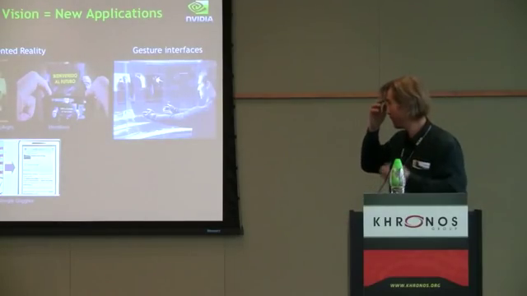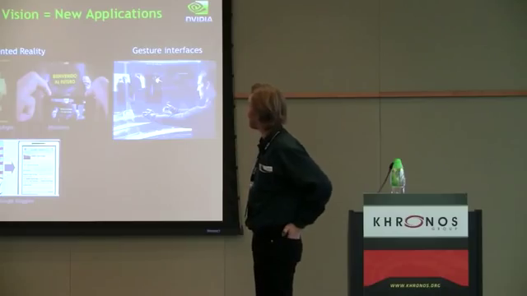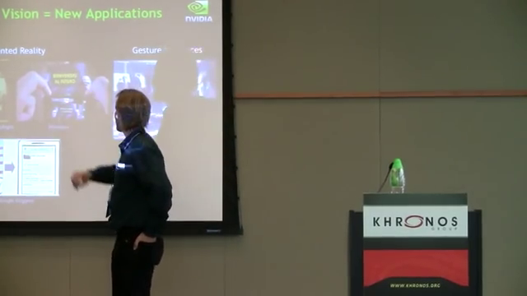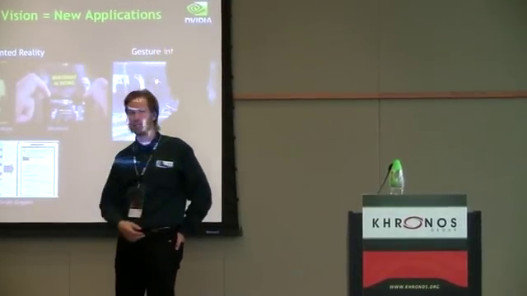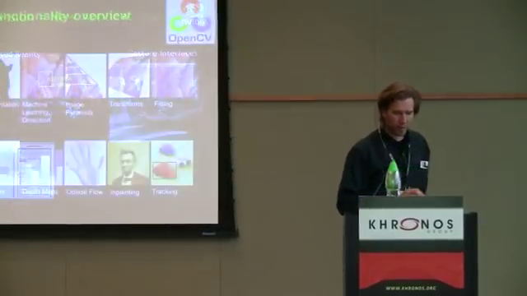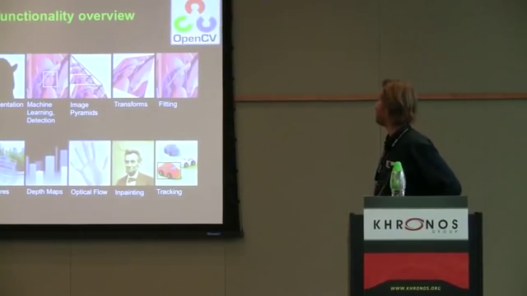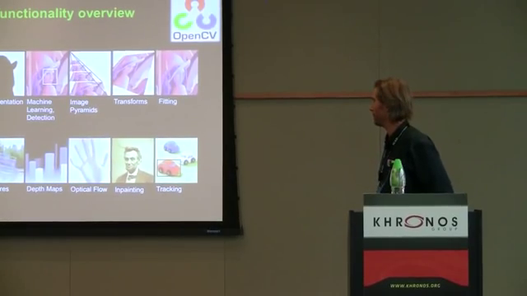So with computer vision, you can create new nifty gesture interfaces. You can do augmented reality games. You can do translations on the fly. You can recognize images and fetch data based on the images. Here's some of the functionality, shown in pictures, of what OpenCV can do for you.